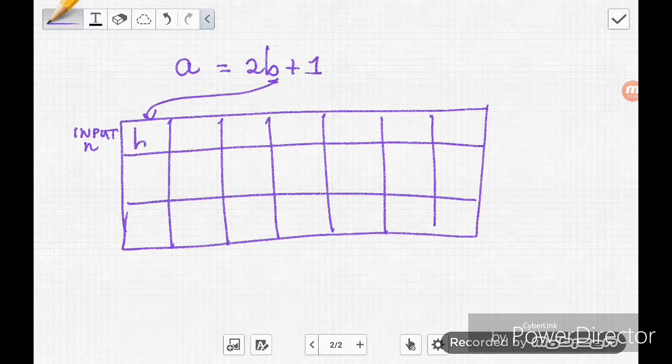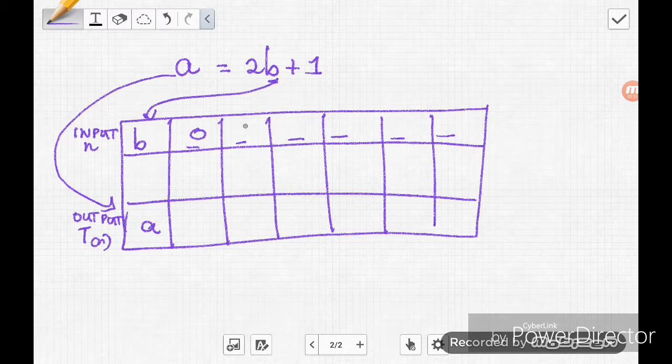So b goes here. What goes here? Our output, or Tn. So that's A. There you go. A goes here. So what goes to all these boxes here? We just assign any number. It can be 1, 2, 3, 4, 5, or you can even go with 0, 1, 2, 3, 4. It's up to you. Okay?